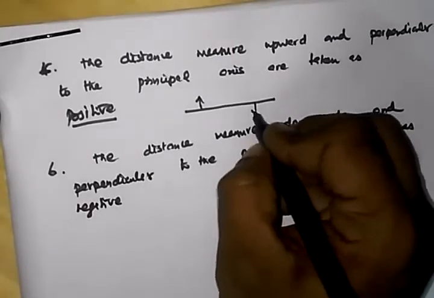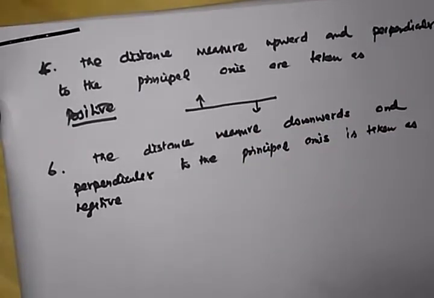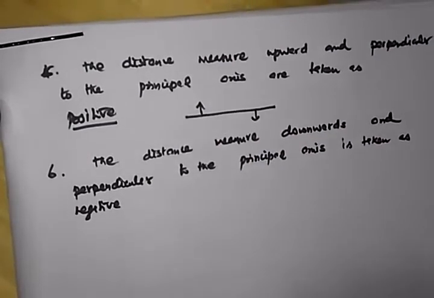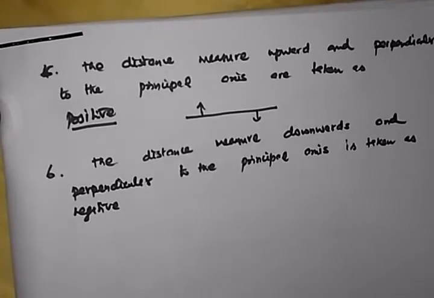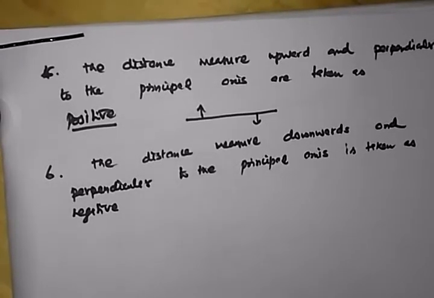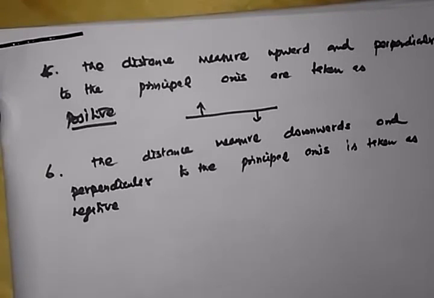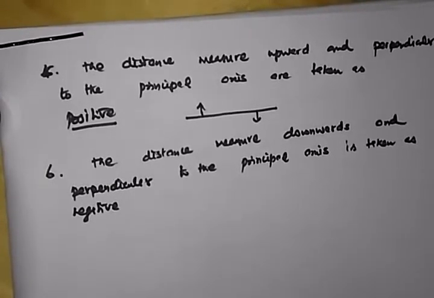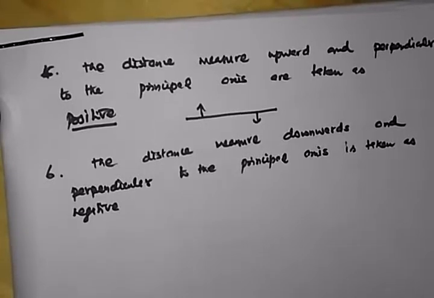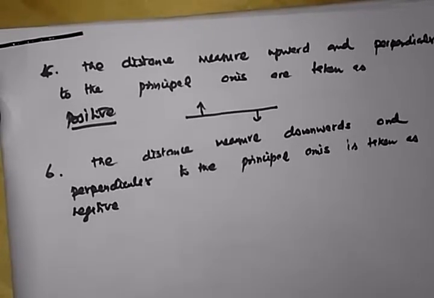So we have to take this as negative. Okay, what is the sign convention? The object is always placed at the left side of the lens. All the distances are measured from the optical center of the lens.